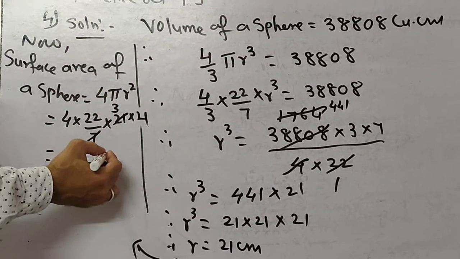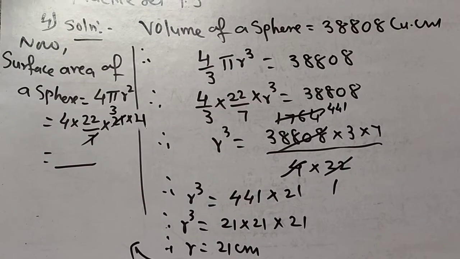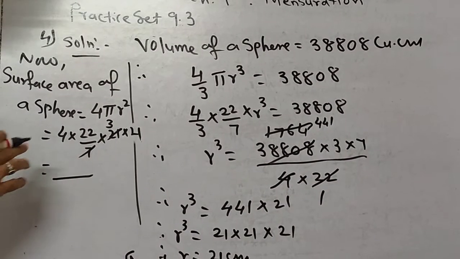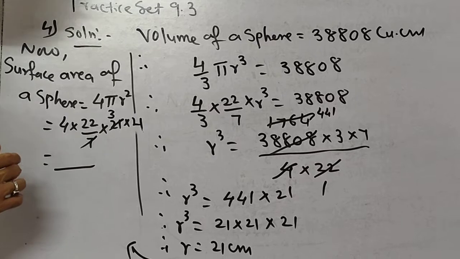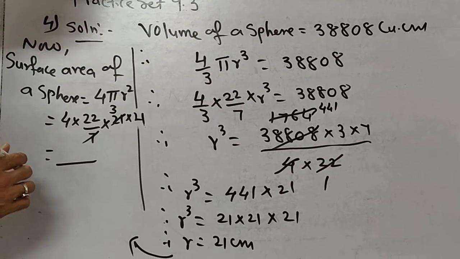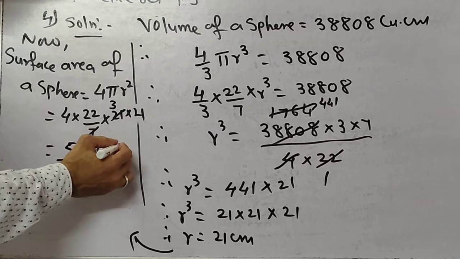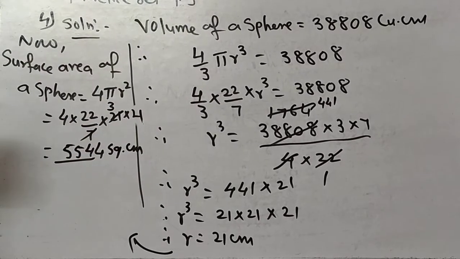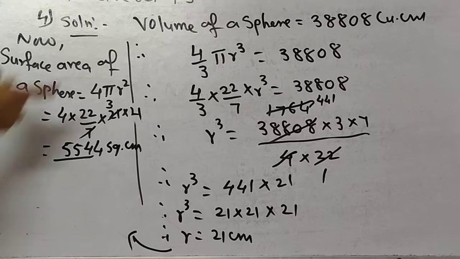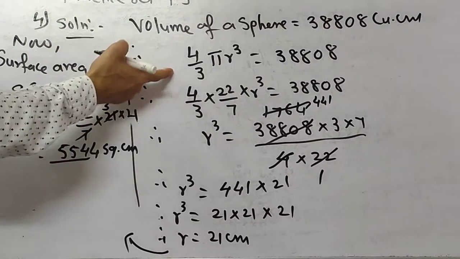You have to multiply all this. When you multiply all this, you will get 5544 square centimeter.